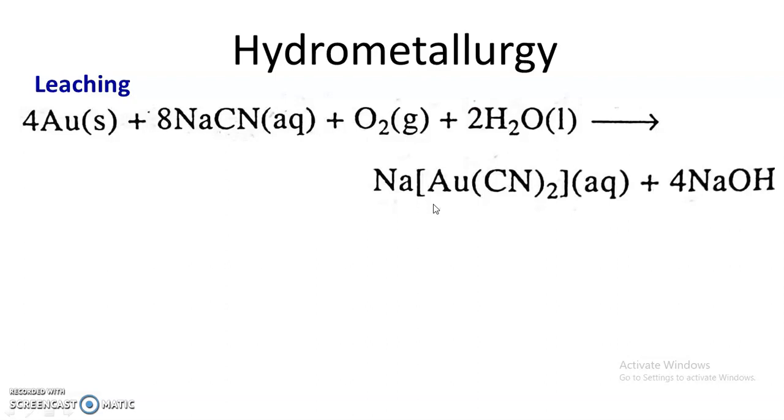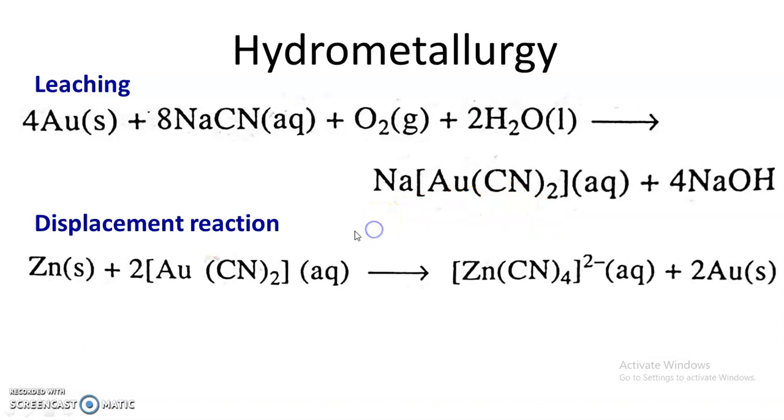leaving behind the impurities. So this water soluble complex is removed from that mixture and impurities are left behind, and this water soluble complex is further treated with zinc by a displacement reaction.